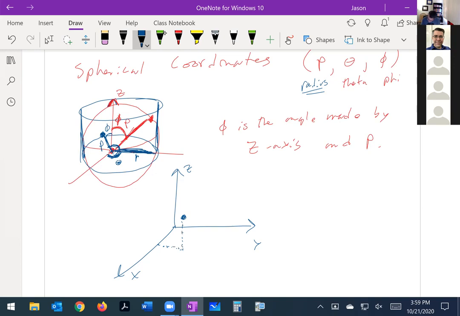Think of this like a box. It would go from the center, the origin, out to this point. That distance would be rho.